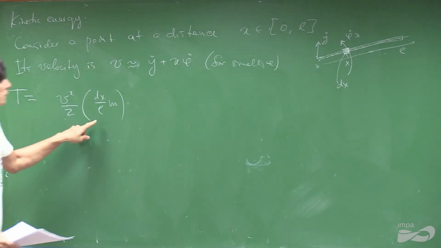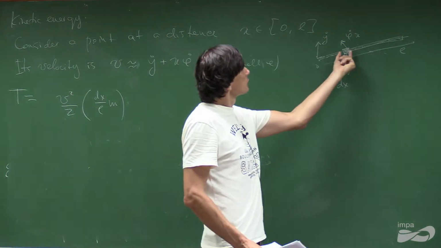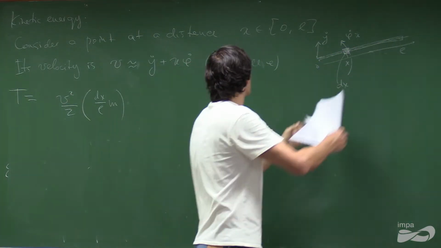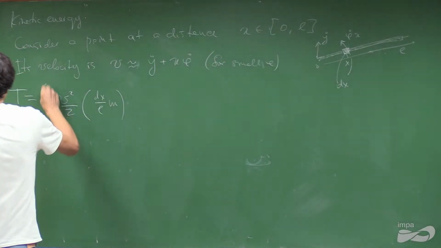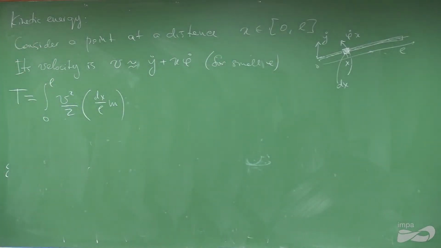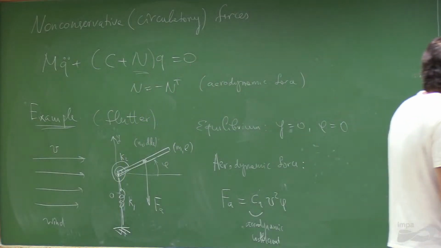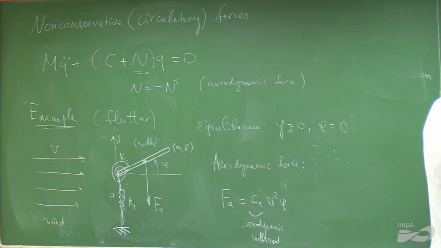So this is the kinetic energy of this small piece of our body, and if you want the kinetic energy of the whole, you have to take the integral from 0 to L. In principle you should derive it directly when you know the mechanics of the rigid body, but let's compute it from here.